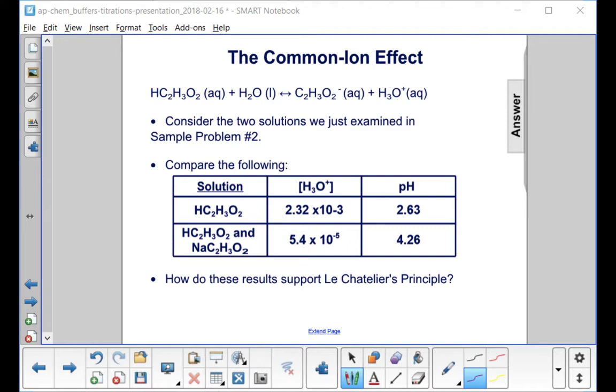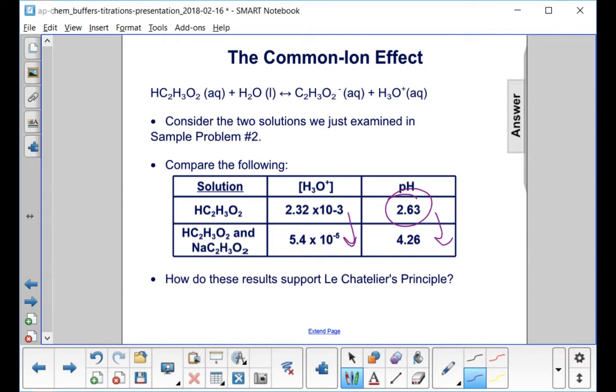All right, let's consider what happened with these two different solutions in sample problem 2. When we just had acetic acid in the solution, we have a lower pH, 2.63. When we have a common ion in the solution, the acetate ion, the hydronium ion concentration decreased and the pH increased.